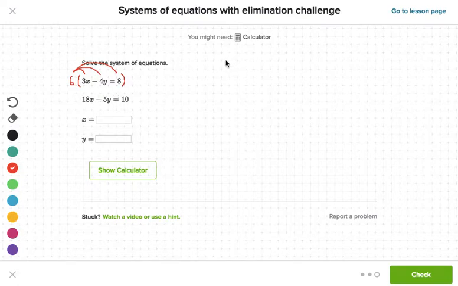So let's do that. So 6 times 3x is, of course, 18x. 6 times -4y is -24y. And 6 times 8, of course, is 48.